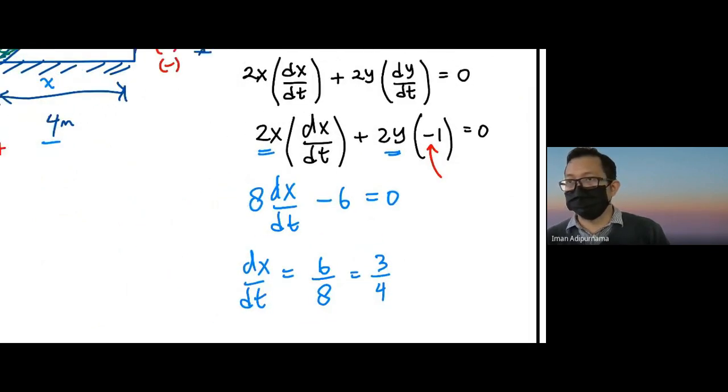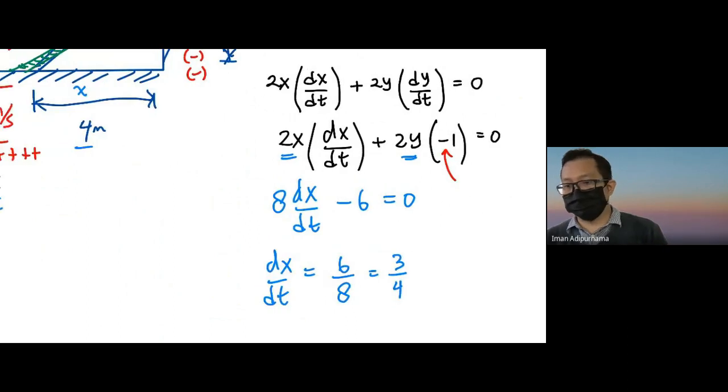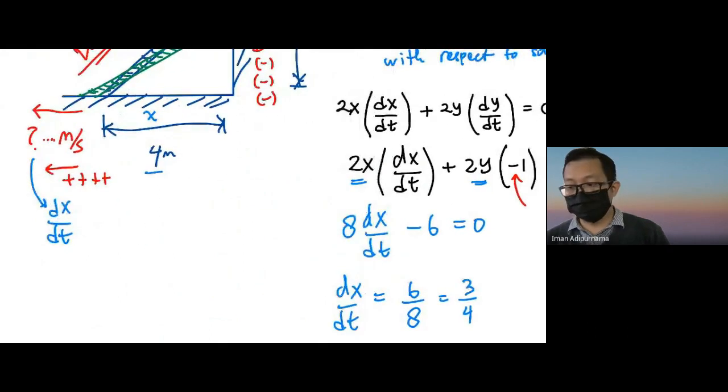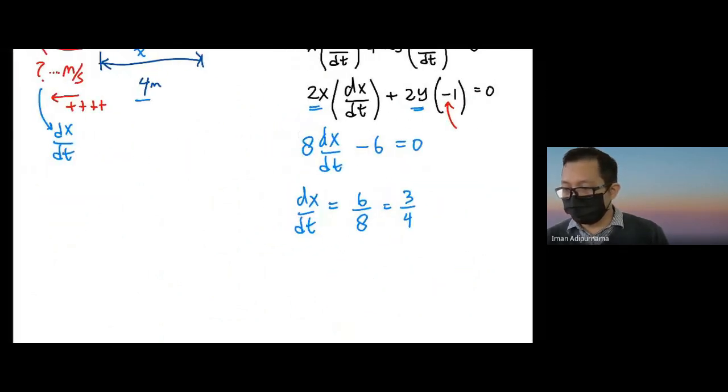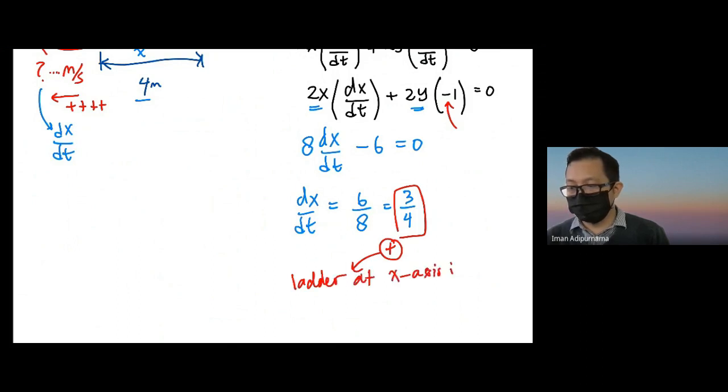It depends on you. If you say going to the left is negative, then that's still okay, as long as the definitions are correct according to the information. So you can say, because I make 3/4 positive, I make the definition that positive means that the ladder at the x-axis is increasing.